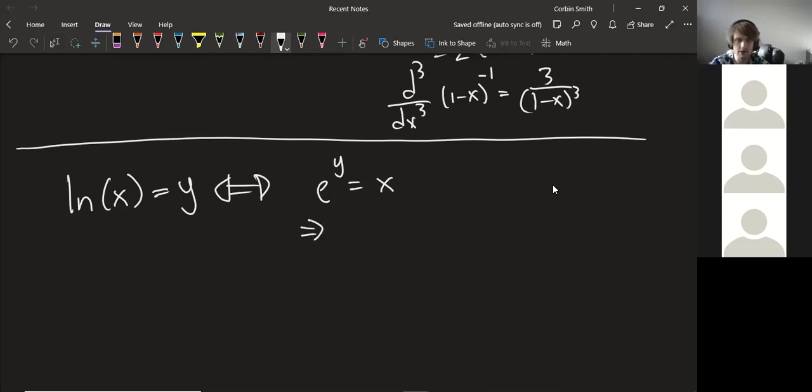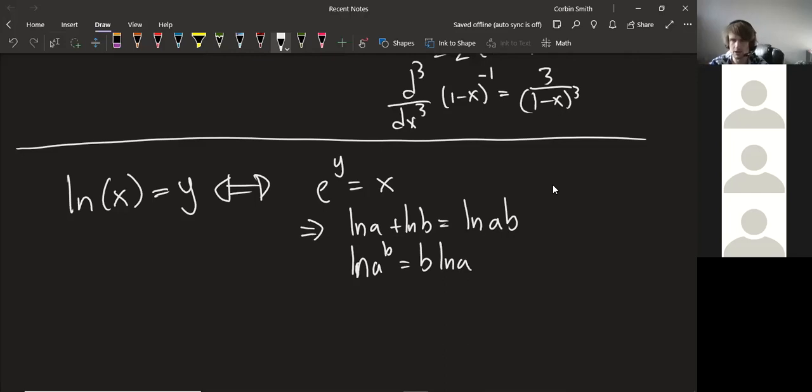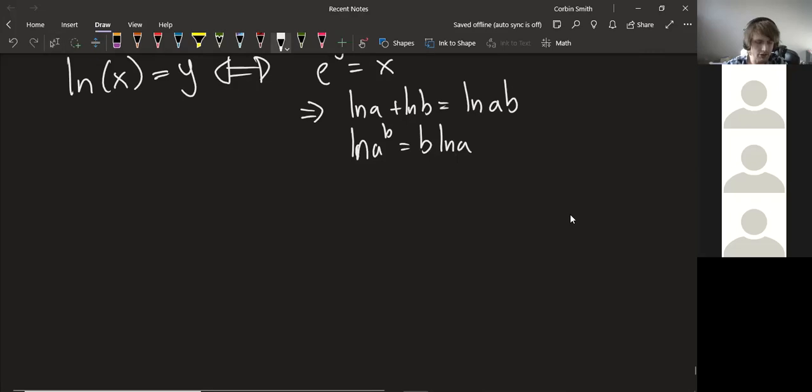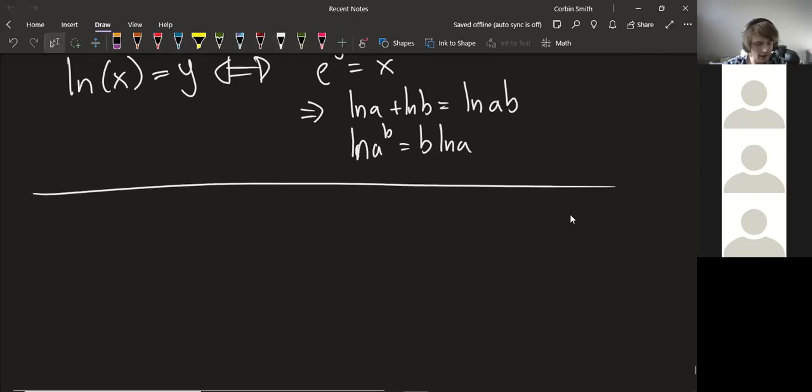So therefore, it better have these properties. ln of a plus ln of b is equal to ln of ab. And ln of a to the b is equal to b ln of a. So these are familiar properties, but we just need to make sure it has these. We're going to use these. So let's start with just one fact about e. I'm pretty sure your high school teachers have already introduced e as this limit.